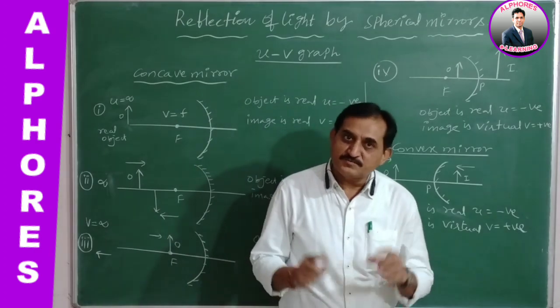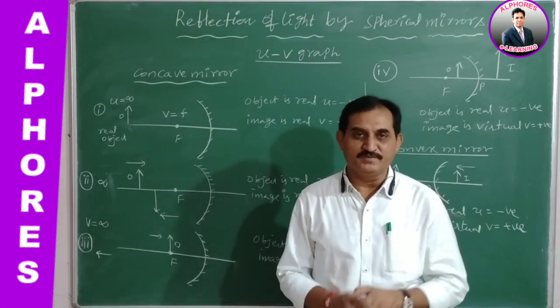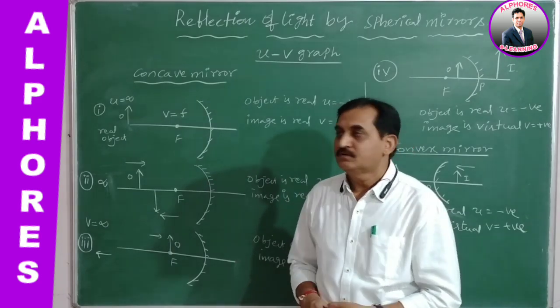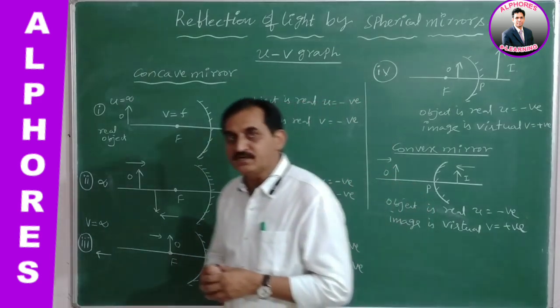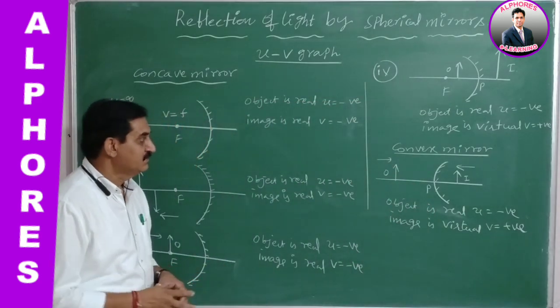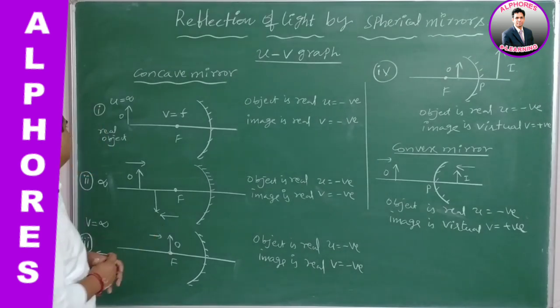So let us plot a graph between u and v for spherical mirrors. As we know, there are two kinds of spherical mirrors, concave and convex. Let us see what kind of nature the u-v graph has.